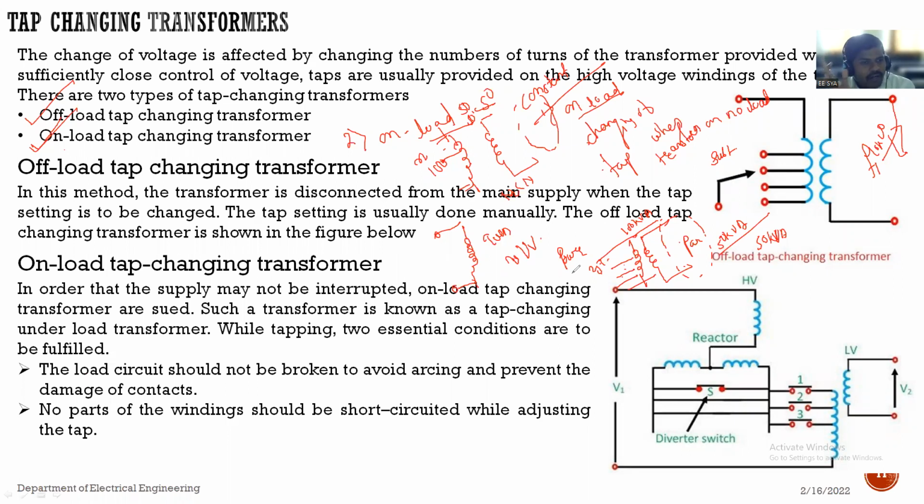Now on-load tap changing, it is most important and it is recently used. On-load tap changing cannot be done manually, it happens automatically. म्हणजे आता काय, हा सेकंडरी कंडिशनचा जो आहे याची सेकंडरी कंडिशन ऍज इट इज आहे किंवा सेकंडरी टर्न्स ऍज इट इज आहेत असं कन्सिडर करा.